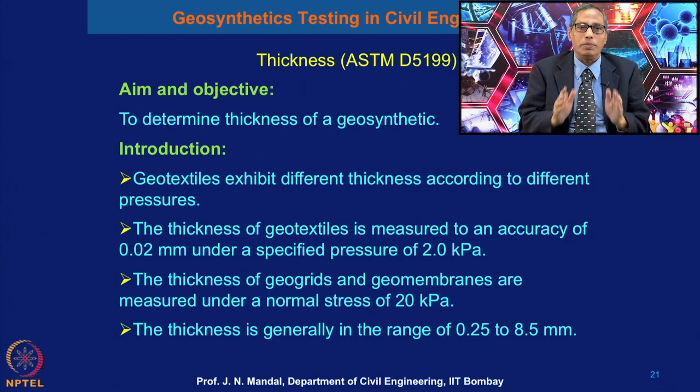For the thickness of the geosynthetic material, we adopt ASTM D5199, and the main aim and objective of this thickness test is to determine the thickness of a geosynthetic material. In the introduction, geotextiles exhibit different thicknesses according to the different pressures.